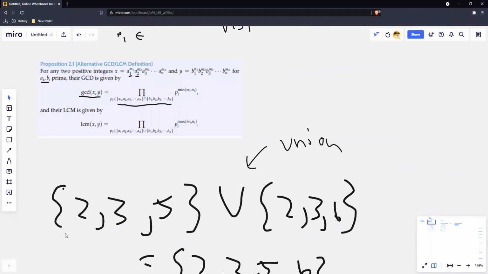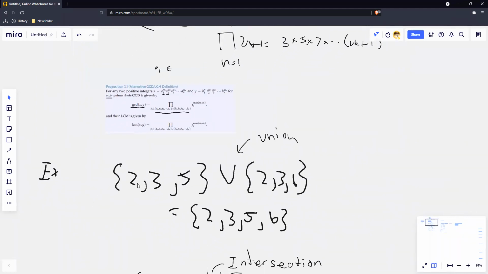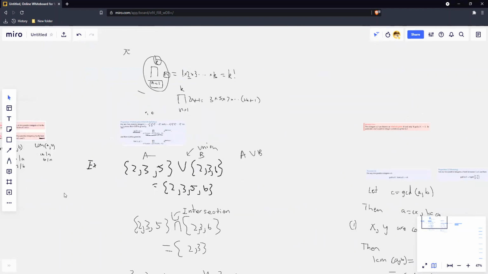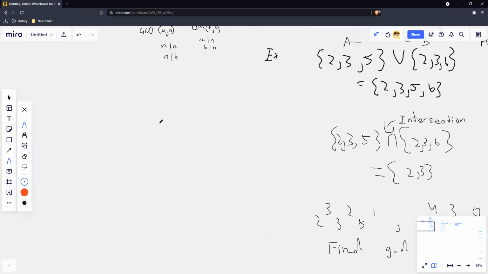So I made some examples of set notation. The union is basically two sets combined. Let's call this set A and set B, and we're trying to find A union B. The union is basically every number covered in either of the sets. There's an easier way to visualize this: you have all heard of Venn diagrams, right?